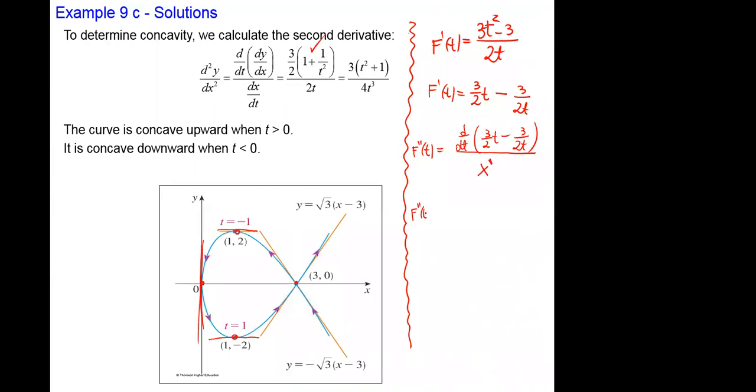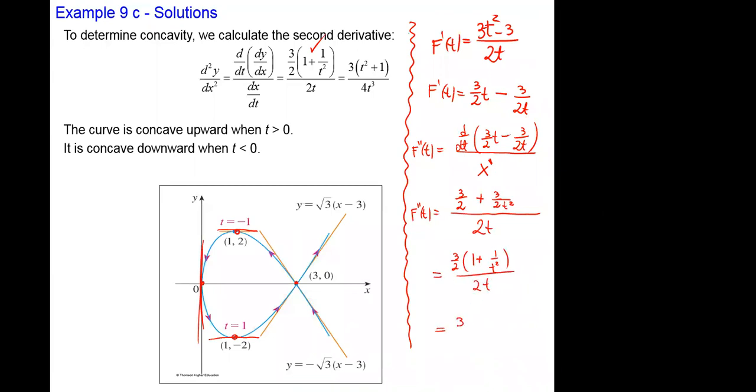The derivative of 3/2 t is just 3/2. The derivative of 3 over 2t: 3 is a constant, but 1 over t gives negative 1 over t squared. Then I can change this to positive, because negative and negative give positive. And the derivative of x is still 2t. So we have 3/2 times 1 plus this.